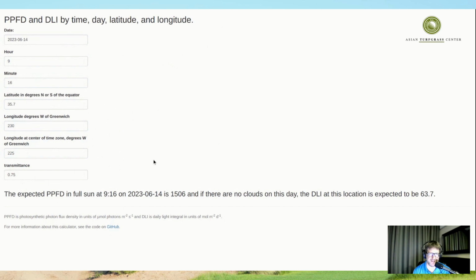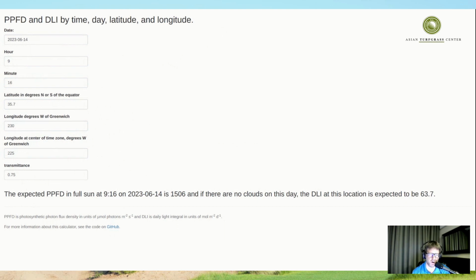And then there's this magic calculation, because down at the bottom of the app, it says the expected PPFD in full sun at 9:16 in the morning on June 14th is 1,506. Now remember, that's specific to this particular latitude and longitude point, which I'm approximating as Tokyo here.